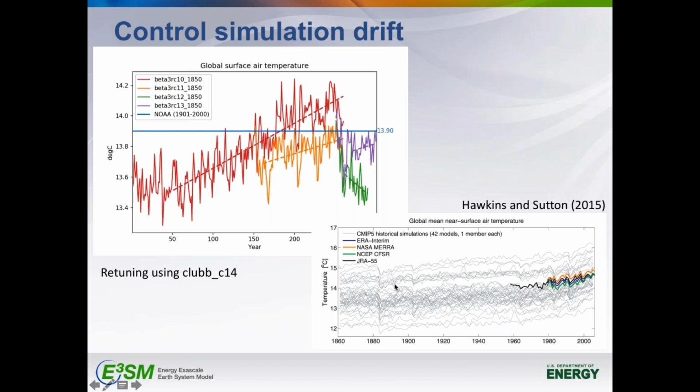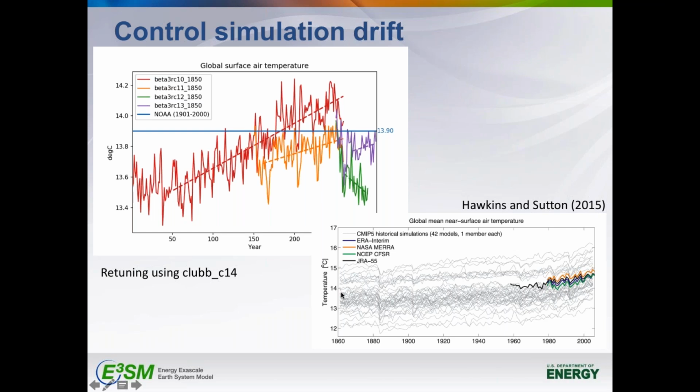And if you compare to, this is a figure from Hawkins and Sutton comparing 42 CMIP6 historical simulations. You can see that most models are between 13 and 14, maybe most of them around 13.5.